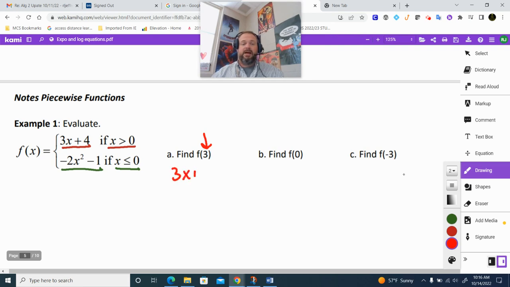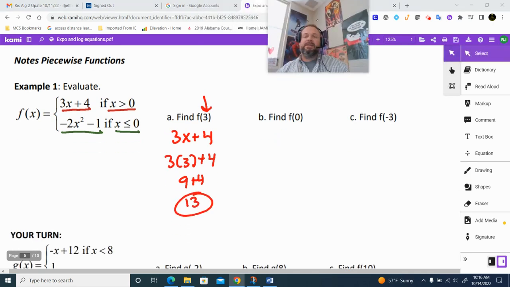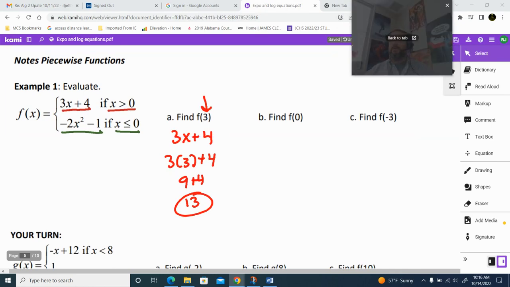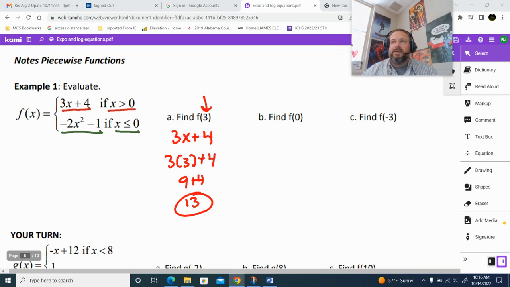So we're going to use the top, and we're going to plug it in, and we get that. Basically what we're doing is, for this weird looking function, I'm giving you an x, you plug it into which part it's supposed to go in, and you find the y.